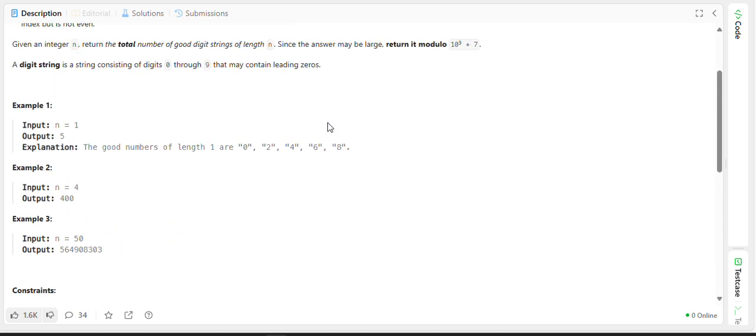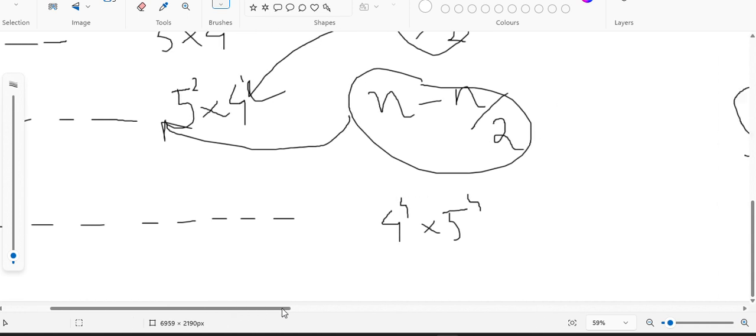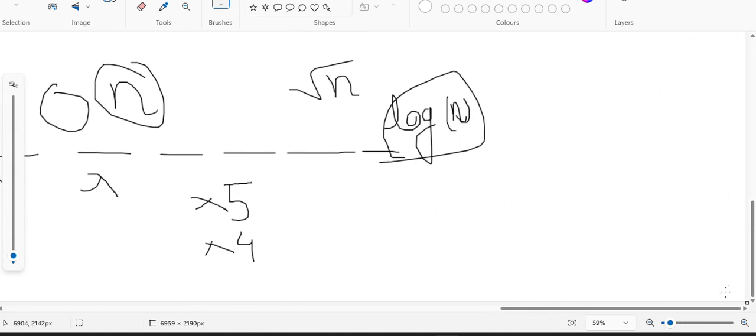But no, as the answer may be large, we need to return it with a modulo. Here comes the crux that makes the question a medium level question.